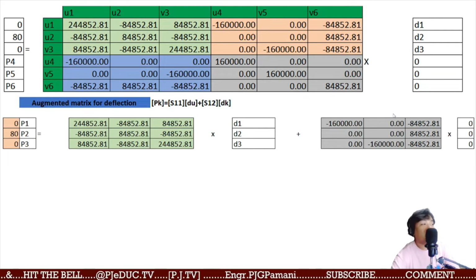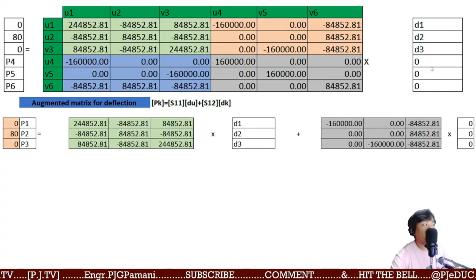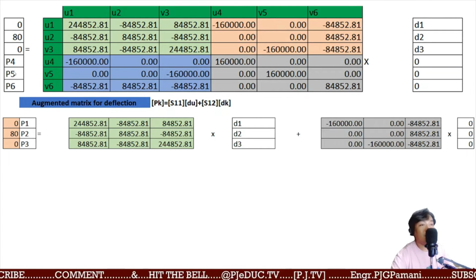So since you're persistent, let's put it in the solution. This matrix times 0 is simply also 0. Substitute the known forces for member 1, components 1, 2, 3: 0, 80, and 0 is our joint load matrix.